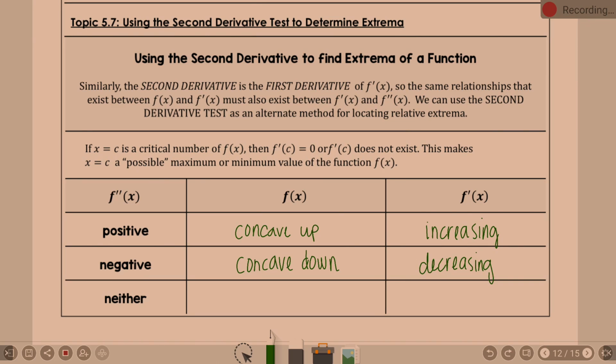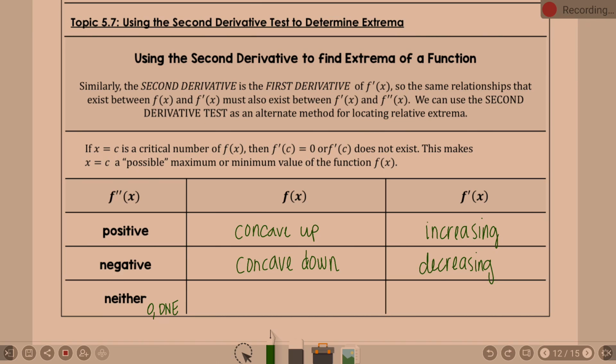Well, okay, so when we talk neither, what are the neither options? If the second derivative is not positive or negative, it's neither. It's either zero or does not exist. That's not what we're filling into these pieces. We're talking about the looks of the graph here.